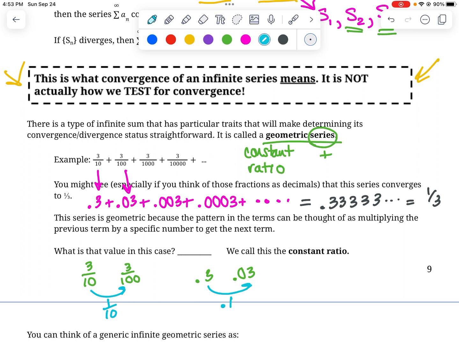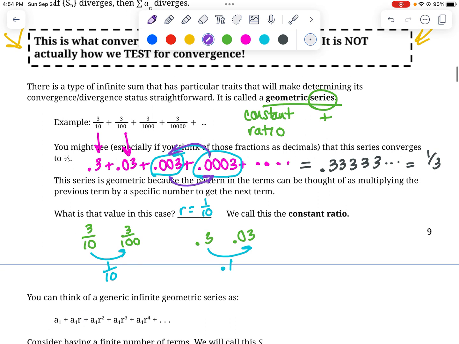Okay? So that r value in this case is 1/10. If I didn't know that, I could take any particular number in the series and divide it by the term that came ahead of it, right? That's how you figure out how you're multiplying, right? Whatever I'm multiplying by, going left to right, I can divide going right to left and see what that number was. Okay? That number is what we call the constant ratio.